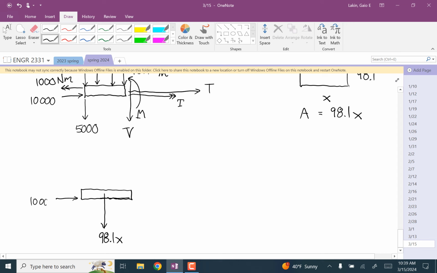We got the 10,000, the 1,000. I'm just writing the Newton meters to remember that's a torque. The 5,000 here. And then the internal tension, shear force, bending moment, and torque.